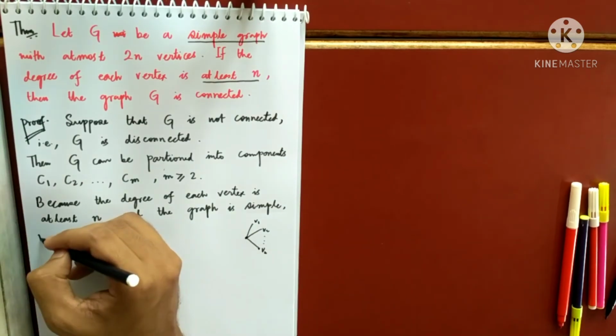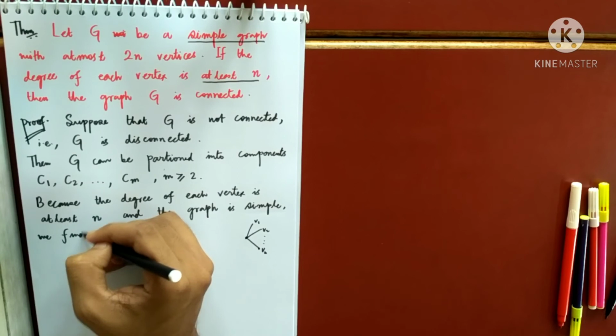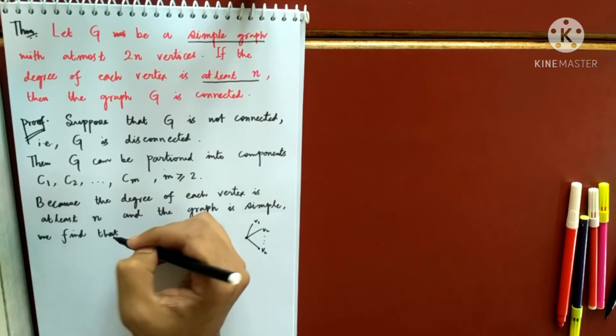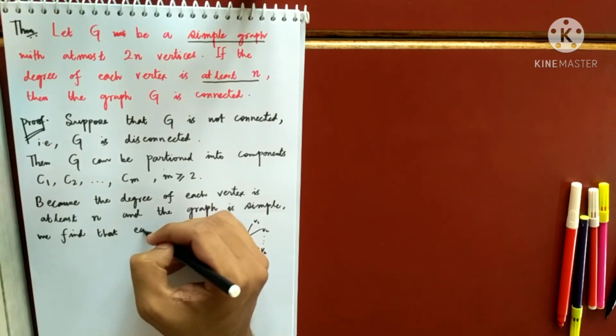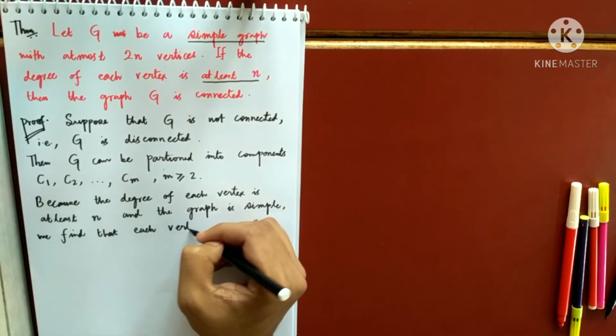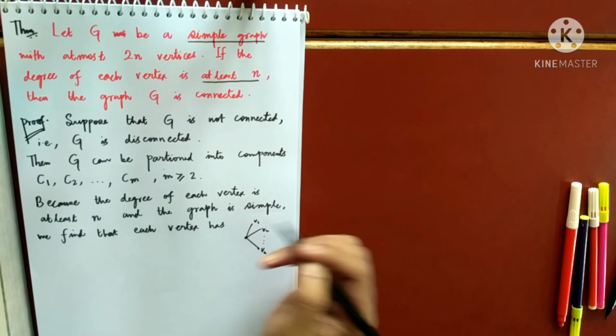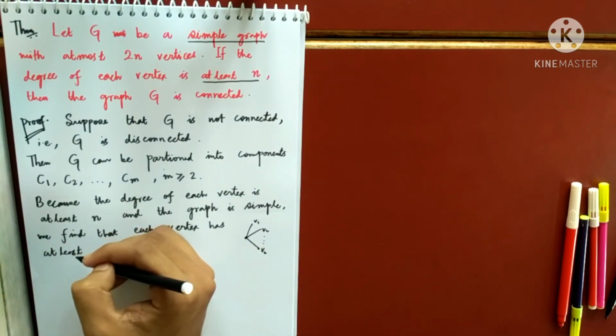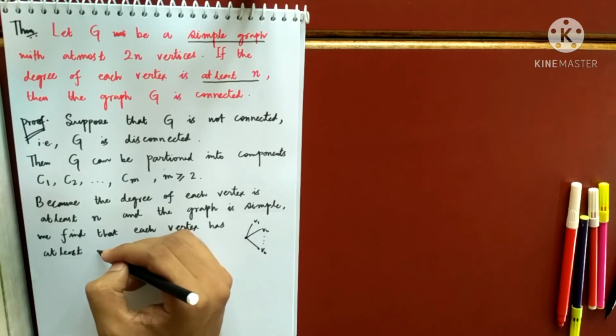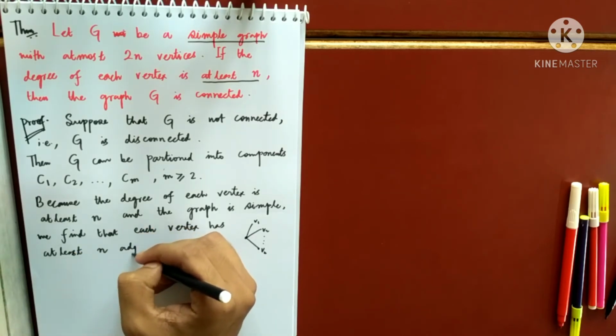We find that each vertex has at least n adjacent vertices.